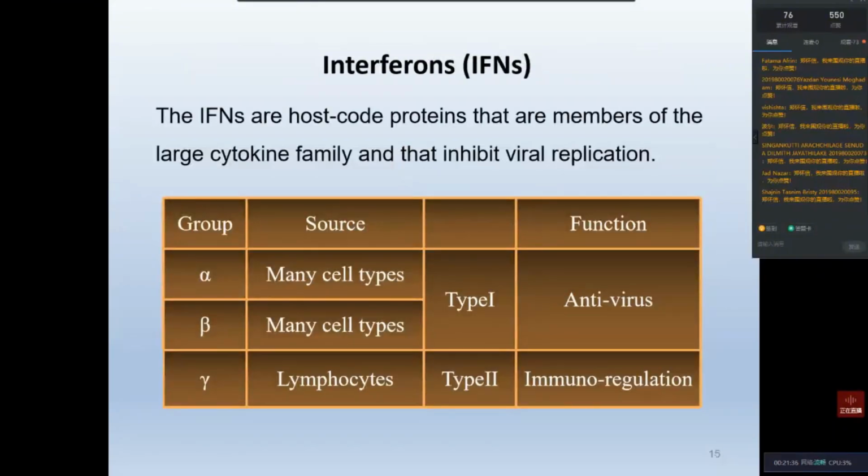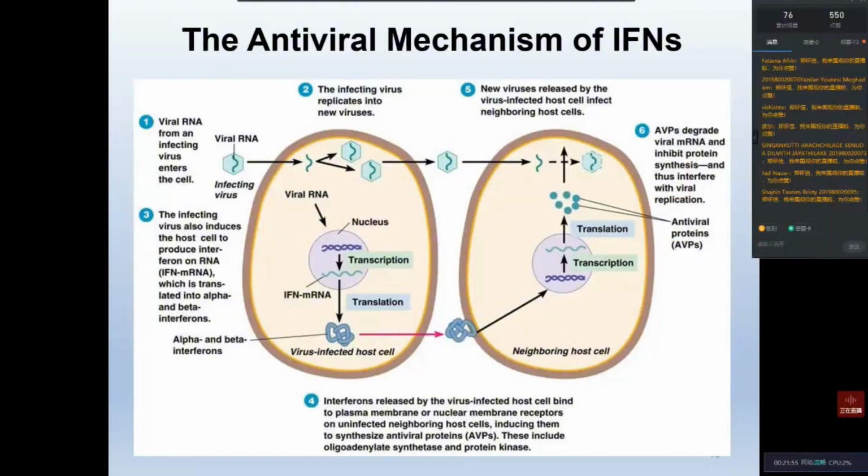This is a neighboring host cell. The interferon binds to a receptor and tells the neighboring host cell, be careful, some virus is coming. So this neighboring cell will start to transcribe some genes and produce antiviral proteins.